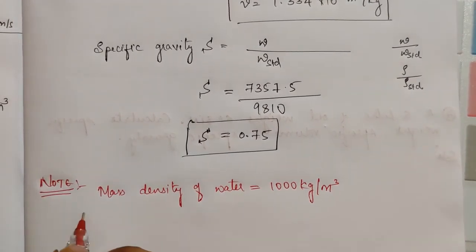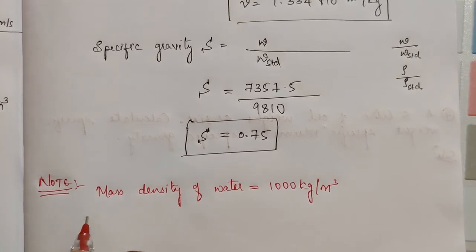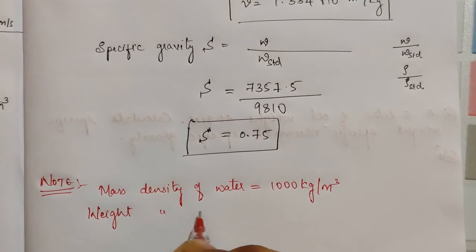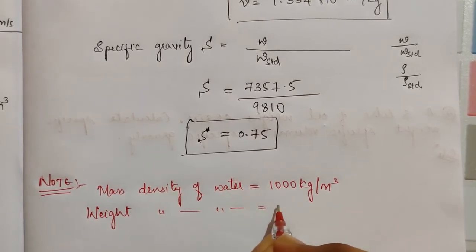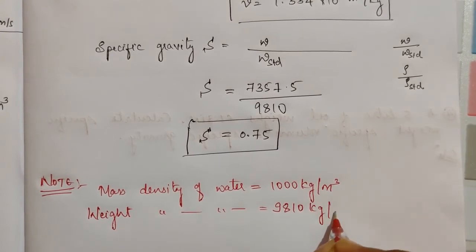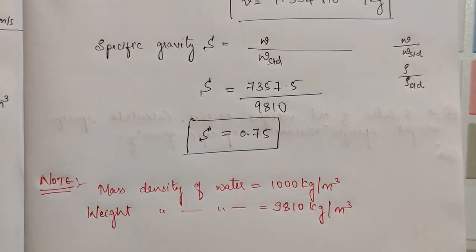If the same is termed as weight density of water, then it is 9810 Newton per meter cube.